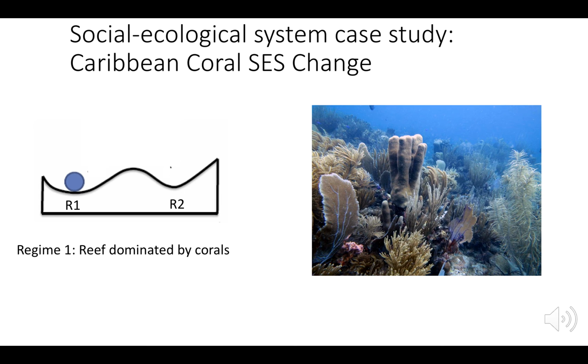So the example here, we talk about coral, the Caribbean coral system. In regime 1, R1, you have a system that's dominated by healthy hard coral. These systems are relatively resilient to shocks, such as hurricanes.